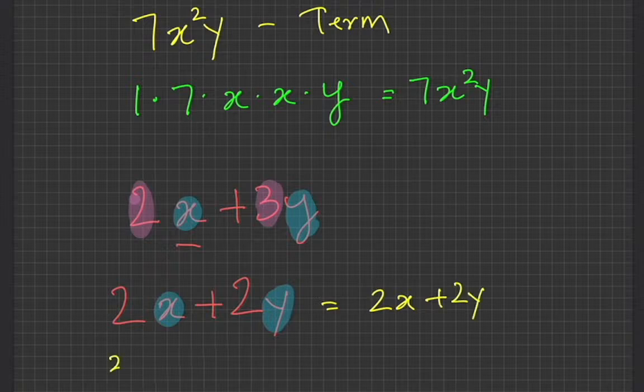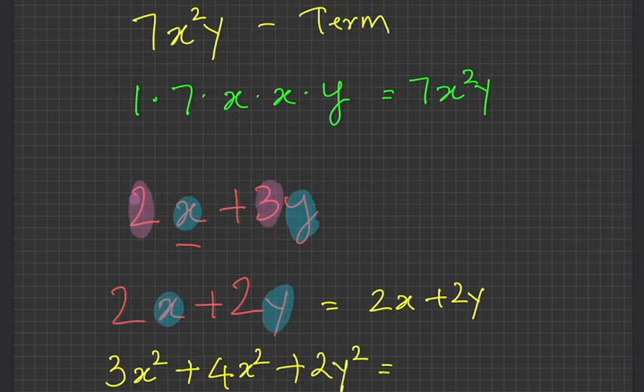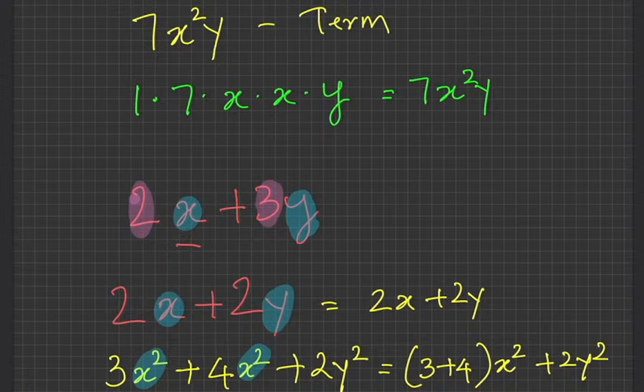But if I had 3x squared plus 4x squared plus 2y squared, then here I have two same literal variables. All I have to do is just add the numbers there, that is 3 plus 4, x squared plus 2y squared.